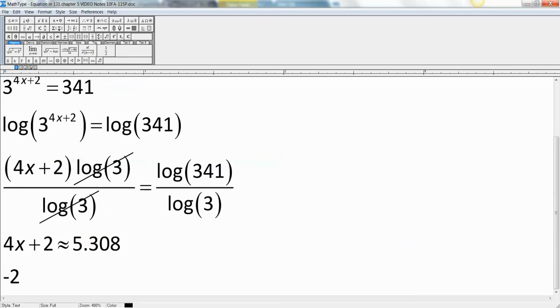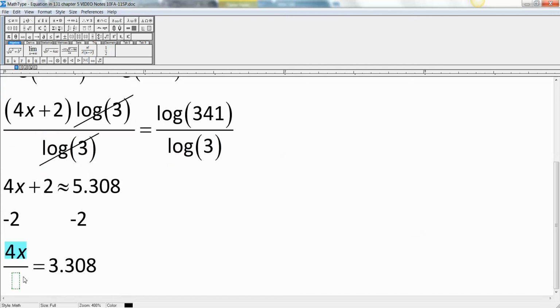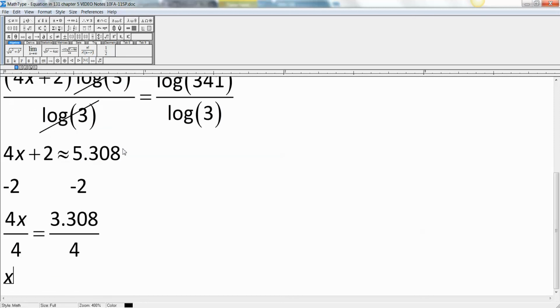So subtract 2, do it over there, you got to do it over here. So you'll have 4x equals 3.308. Divide by 4 to both sides, and you'll have x is whatever that number is, 3.308 divided by 4.